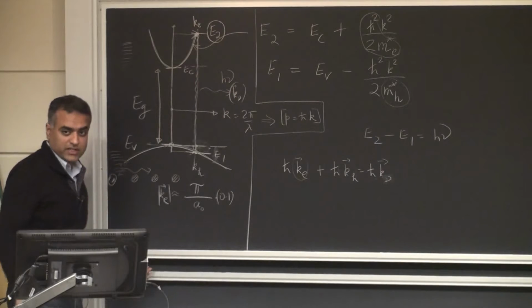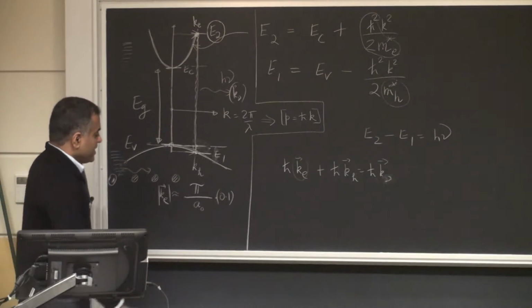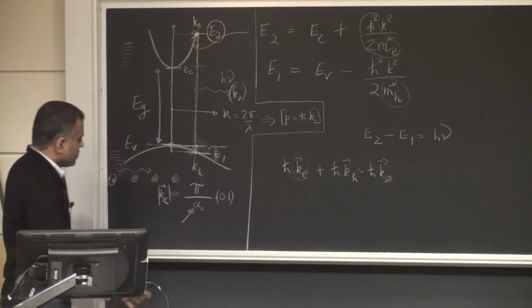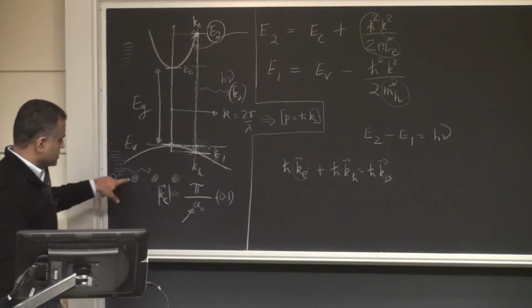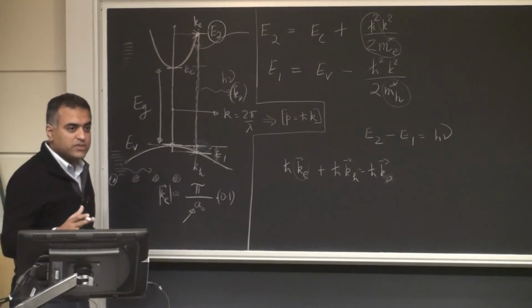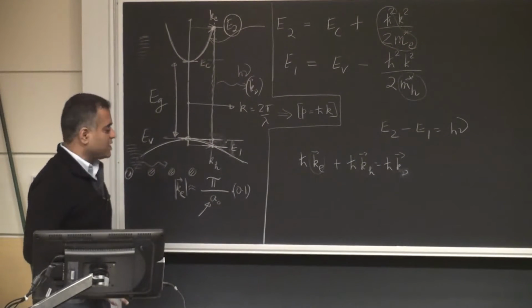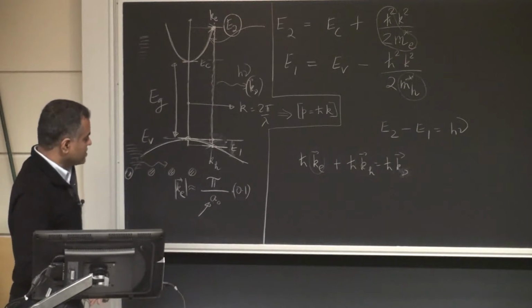But that's order of magnitude. And a lattice constant, how close the atoms are in a semiconductor crystal, is typically 3 or 5 angstrom. This is angstroms, 10 to the minus 10 meters.